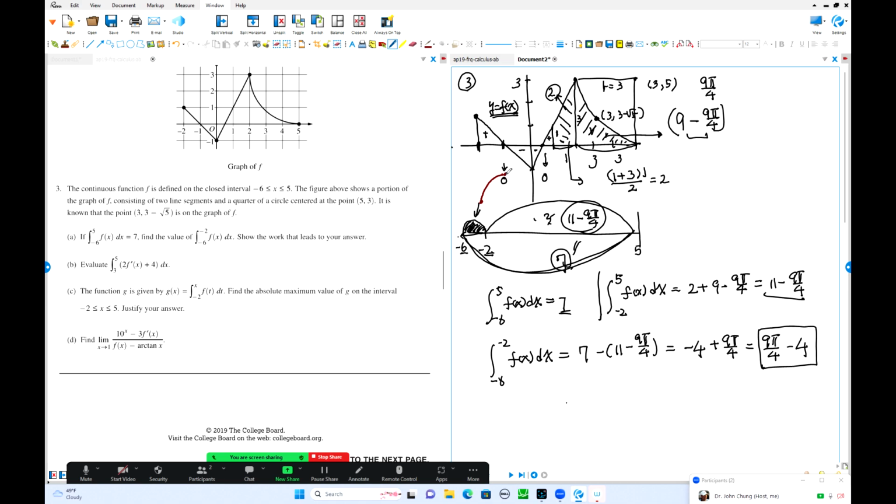Are you okay with this up to here? That is the graph of g(x), the area under the curve, the antiderivative of f(x), okay?